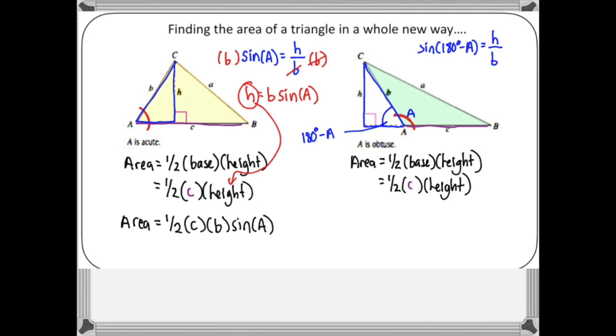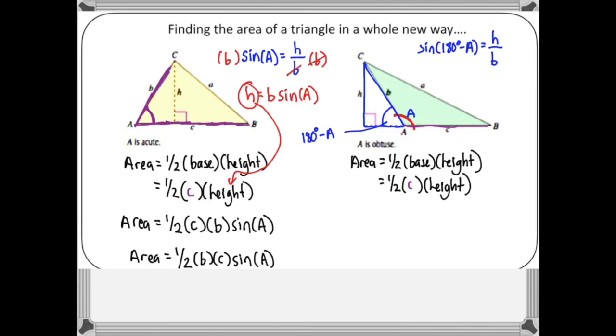Okay? And to clean this up, this is the way that it's typically written: area equals 1/2 b, c, sine A. Not much different. But the way that we're looking at this is the following: if you have an angle right here, it's called an included angle.